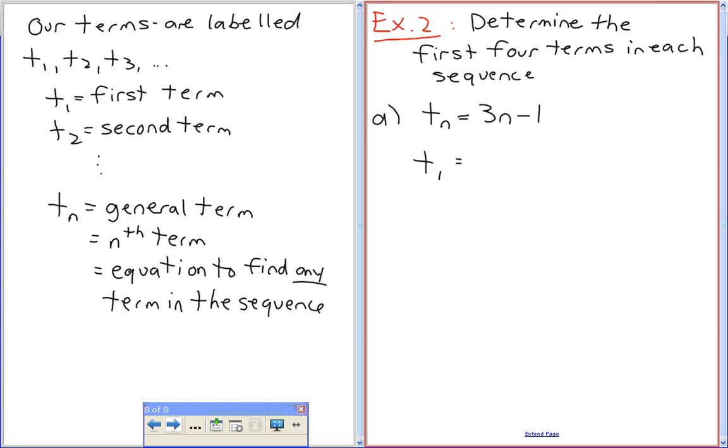Good, very good. This means set n equals 1, right? So T1 is just going to equal 3 times 1 minus 1. Does everyone see that? The subscript n matches the variable in the equation. Any question on that? Right, so the subscript n matches the variable in the equation.